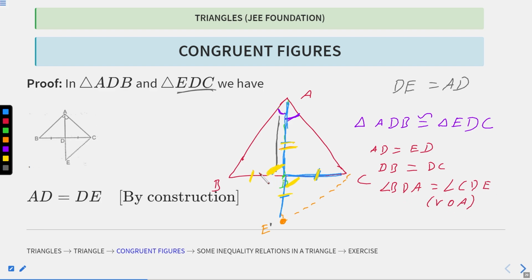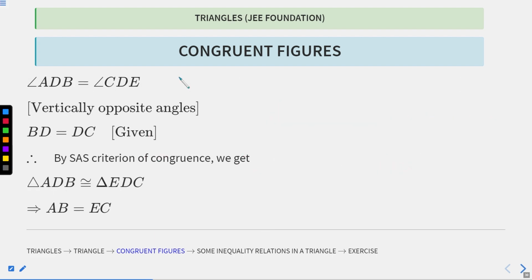So from this I can easily say that by using side angle side, AB is equal to EC in length. So this piece of information I have taken: AB is equal to EC.